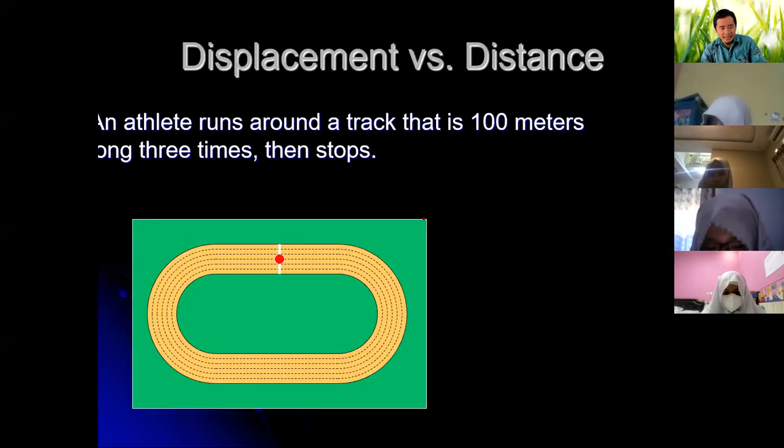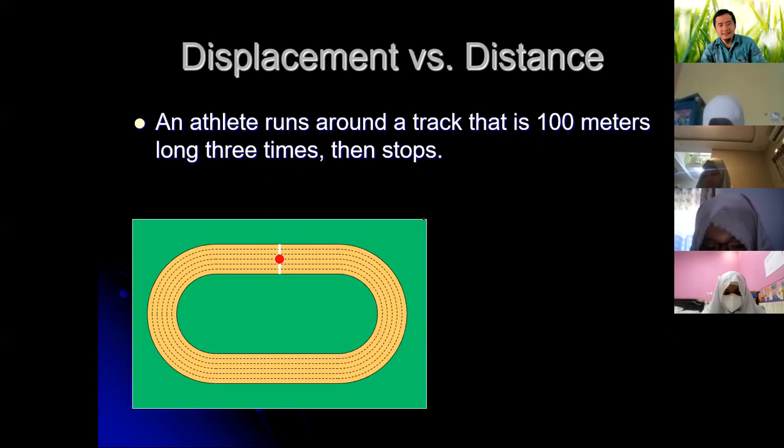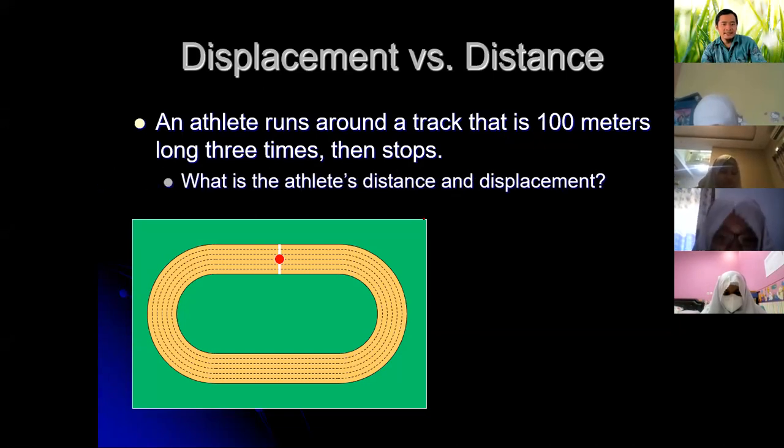Okay, the next illustration. An athlete runs around a track that is 100 meters long 3 times, then stops. What is the athlete's distance and displacement? Anyone knows?